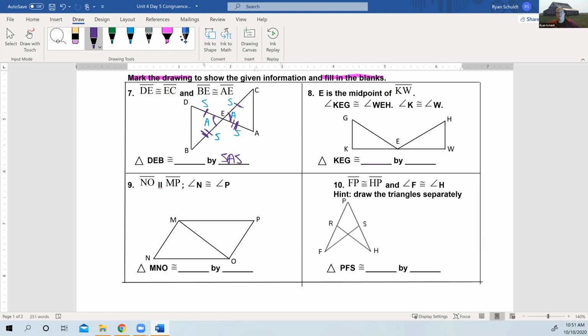Now, let's see how they name the first triangle. They say DEB. So I have to do something similar. I'm going to have to say CEA.